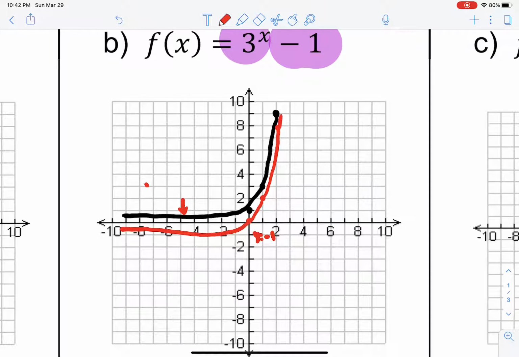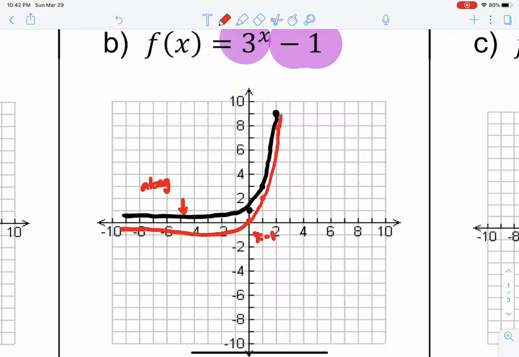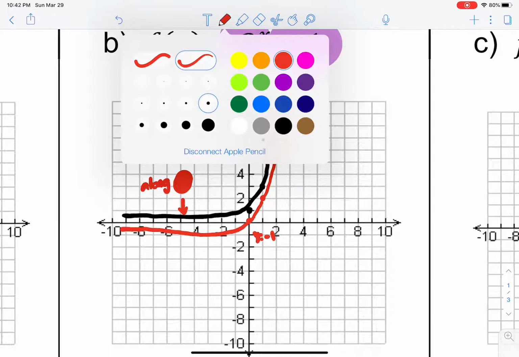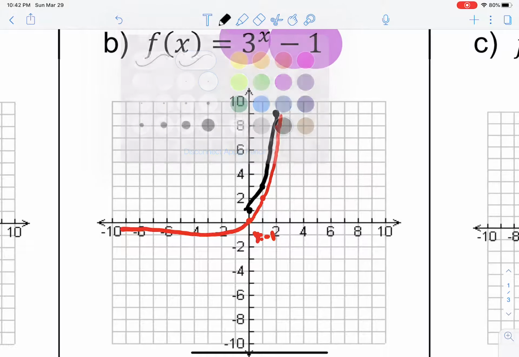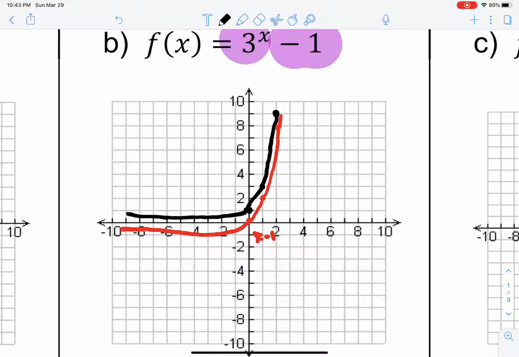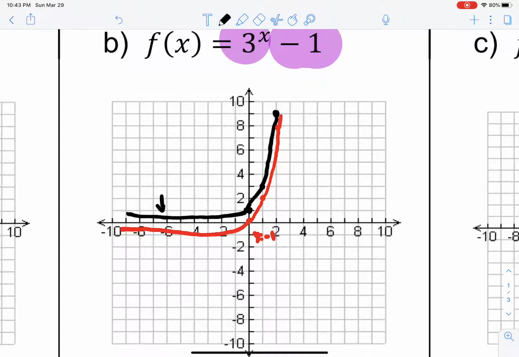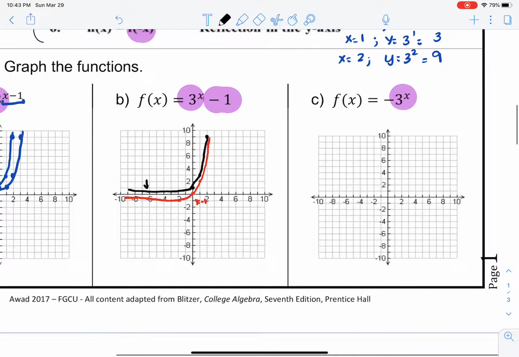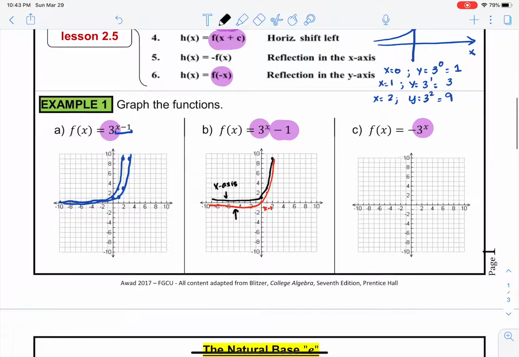The asymptote is along the black line here, which is going along the x-axis, so the asymptote is the x-axis, and the red one is shifting down by 1, so it would become y equals -1.